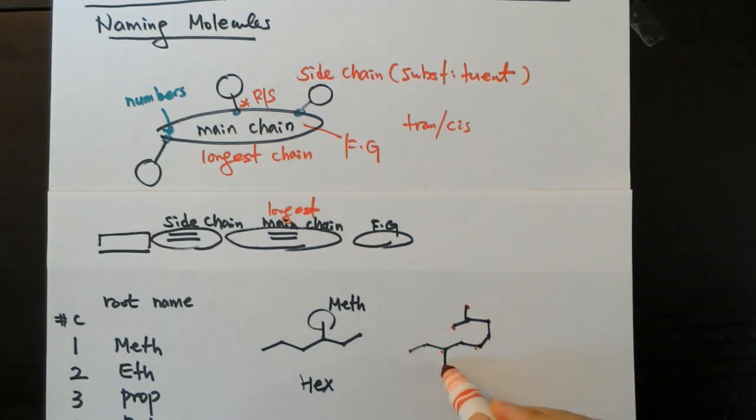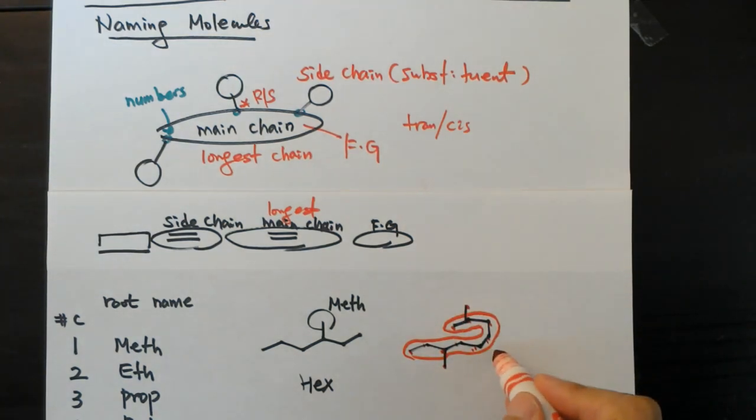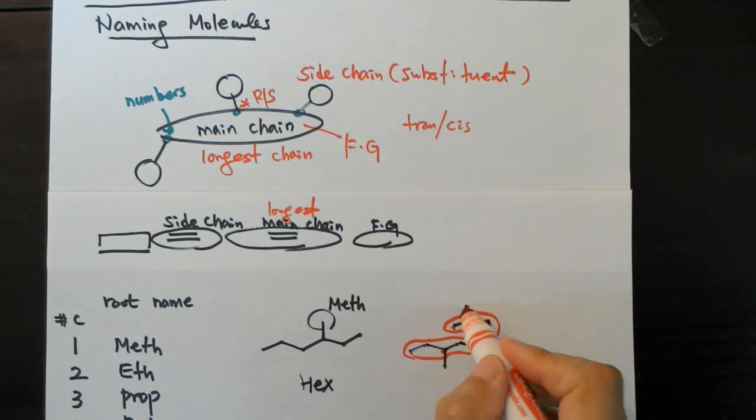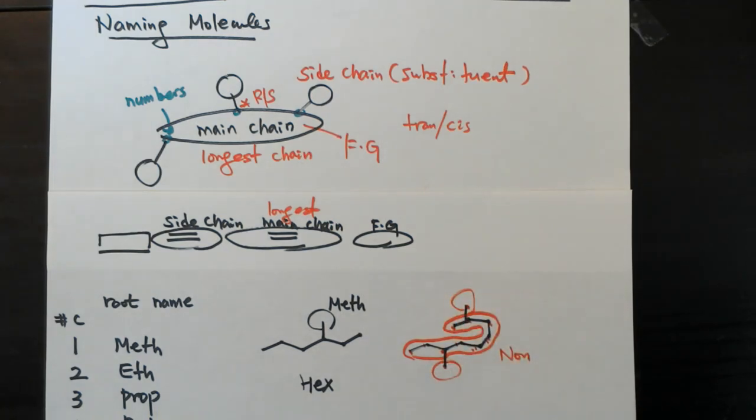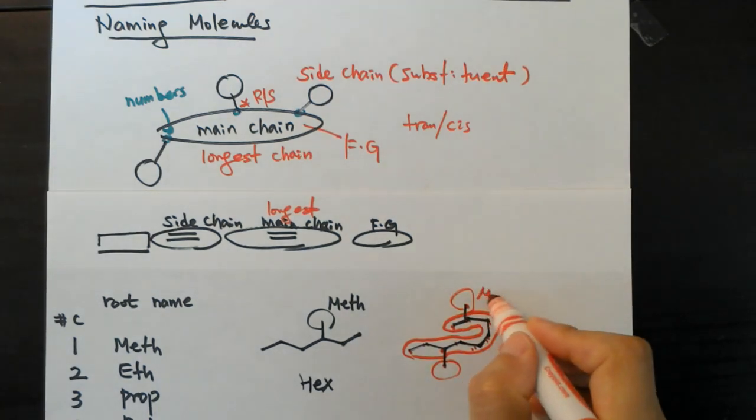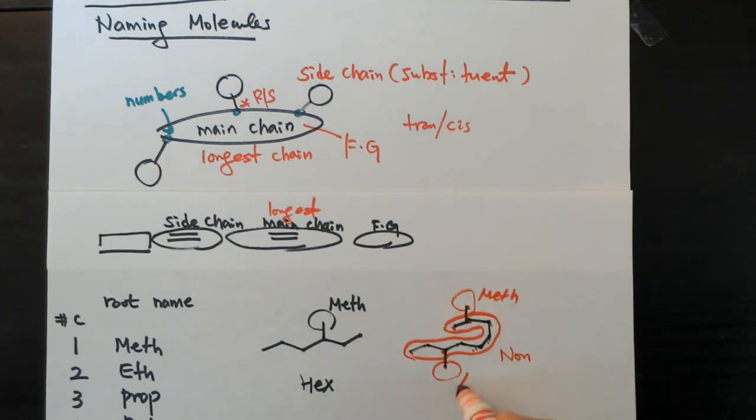You wouldn't go from here 1, 2, 3, 4 or 1, 2, 3, 4, 5, 6, 7, 8, right? So 9 carbon chain is the main chain, and that would be the root name non. Then you have 2 side chains with 1 carbon, so each has root name meth.